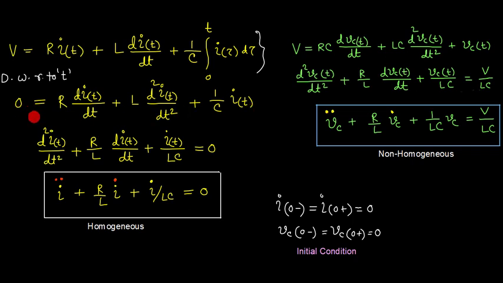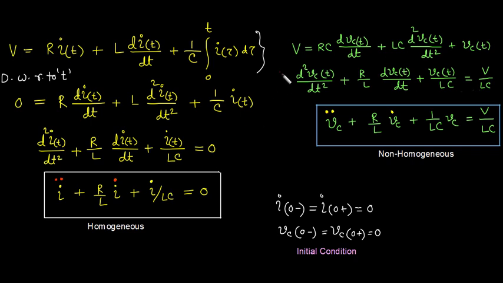Dividing the entire equation by L, we get a differential equation like this: d2i/dt2 plus R by L di/dt plus i(t) by LC equal to 0. It can also be written in this form: i double dot, that is double derivative represented using two dots, plus R by L times i dot plus i by LC equal to 0, which is a homogeneous equation of current i.